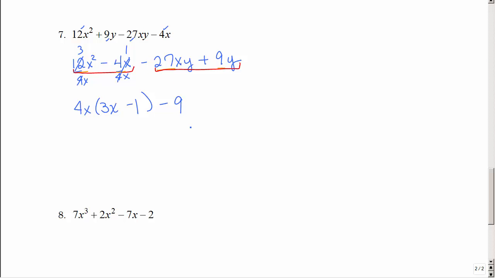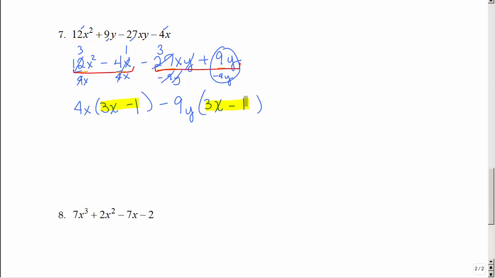They're both divisible by 9, and they look both like they have a y. So divide both by negative 9y. So negative 9 goes into negative 27, positive 3 times x. This is looking good. And then this divides negative 1. And sure enough, they match.